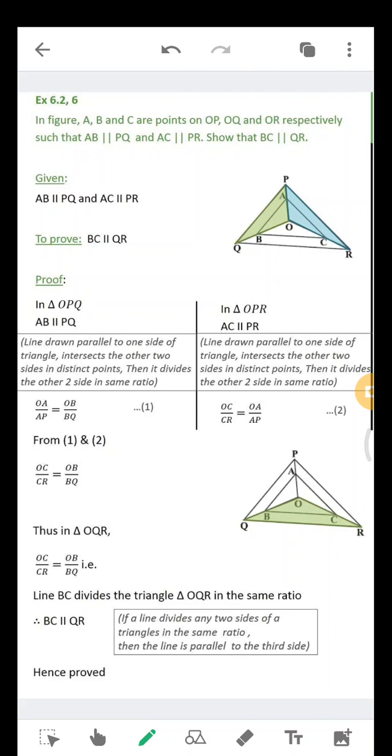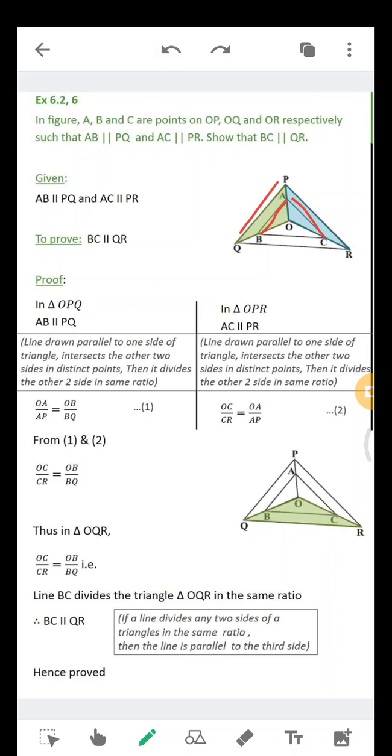In the figure, A, B and C are points on OP, OQ and OR respectively. You can see here A, B, C. A is on OP, B is on OQ and C is on OR respectively, such that AB is parallel to PQ, AC is parallel to PR.